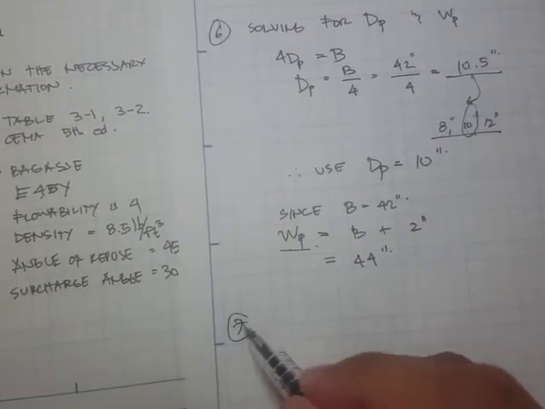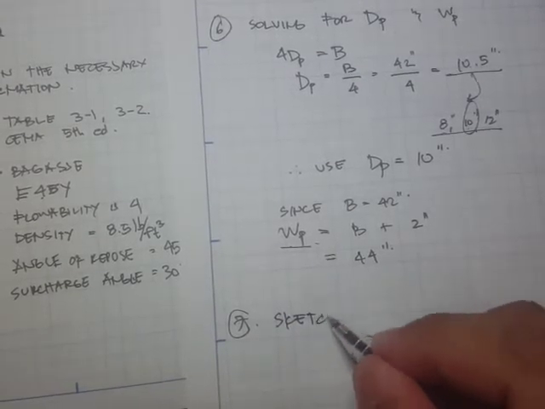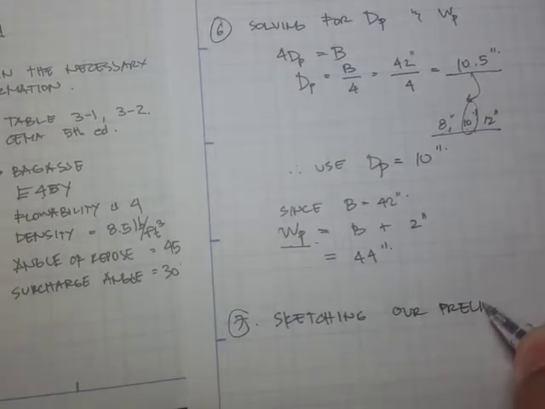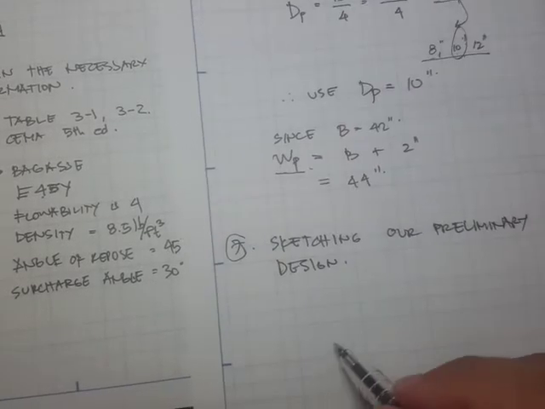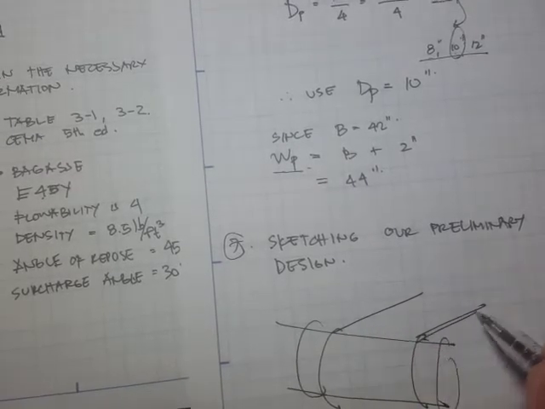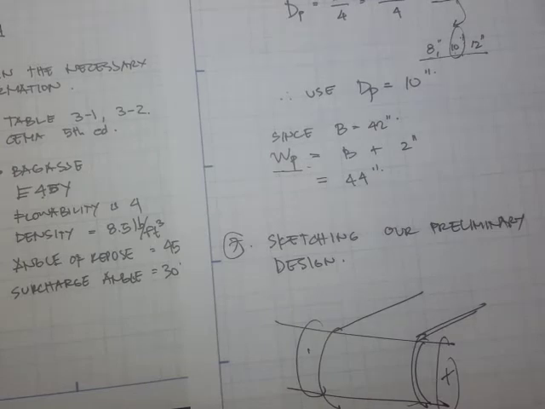So therefore our pulley face width would be 44 inches. Okay, so now let's sketch for now, although it's not yet done. Sketching our preliminary design. Okay, so we have this pulley and we have this belt. This belt width is 42 inches.